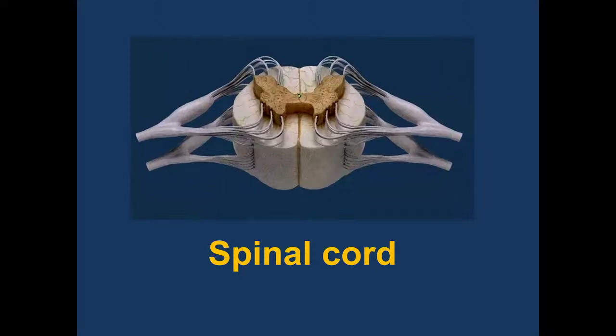Below the neck, nearly all intentional muscle movements rely on signals that travel down the spinal cord to nerves that innervate the muscles. Sensory information that enters our conscious awareness travels up the spinal cord to the brain.